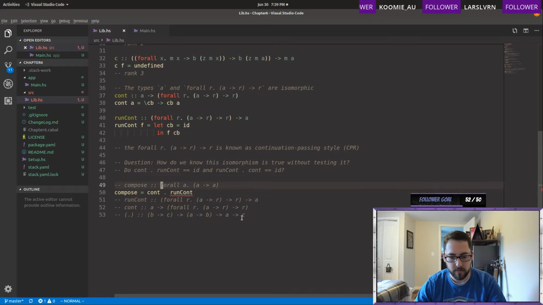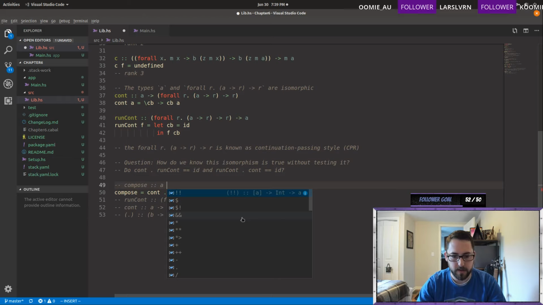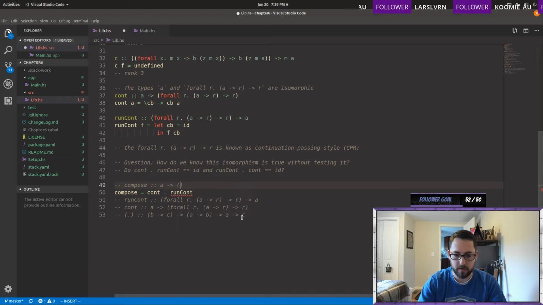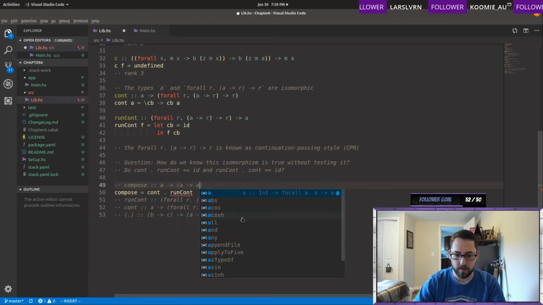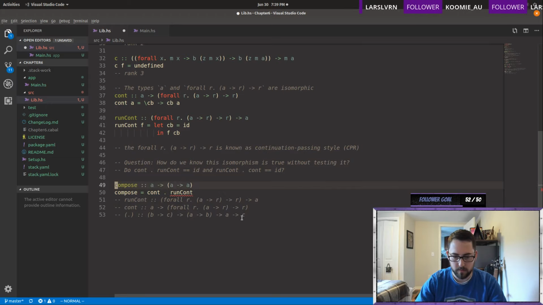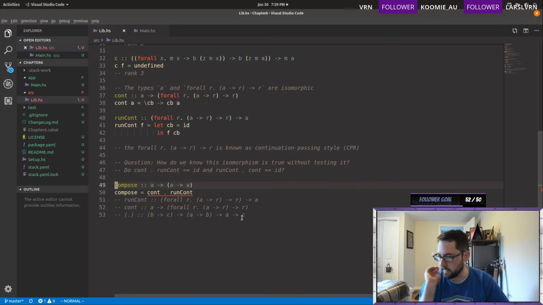So this thing needs to, it looks like to me it needs to take an A and produce an A to A. But that's not right, and I don't know why.